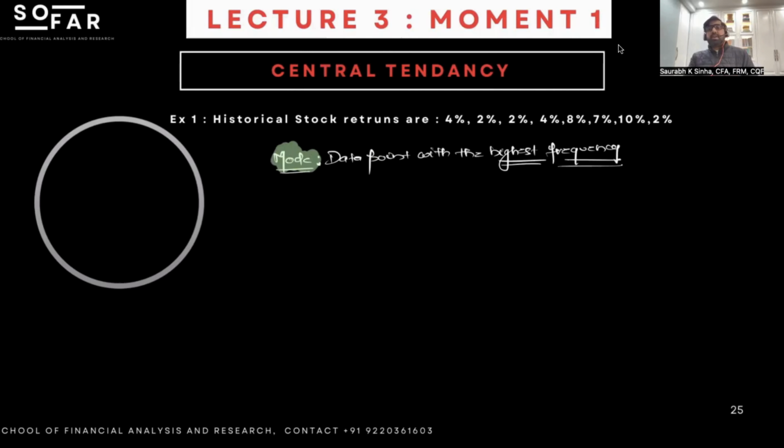Okay? What is the meaning of frequency? The data which has the highest occurrence. So we have 4%, 2%, 2%, again 4%, 8%, 7%, 10%, and 2%. So you can see 2 is occurring the highest number of times. So that is my mode. So 2% is the center of the data if you calculate the center through mode.